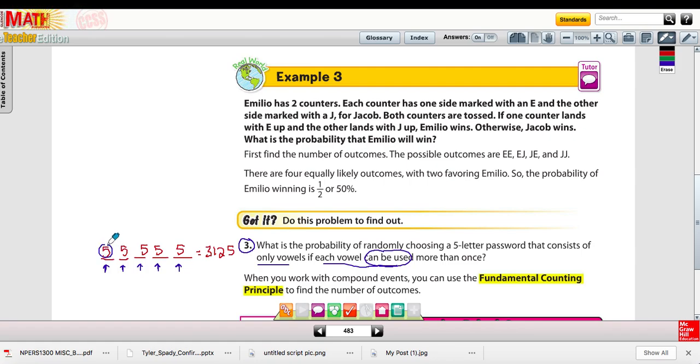So when we multiply 5 times 5 times 5 times 5 times 5, we get 3,125. So the probability of choosing the right password out of all of those 3,125 combinations, it's 1 out of 3,125.